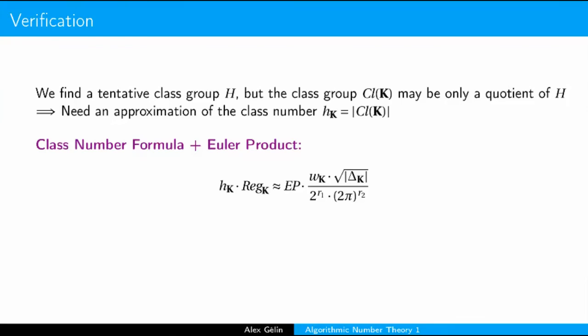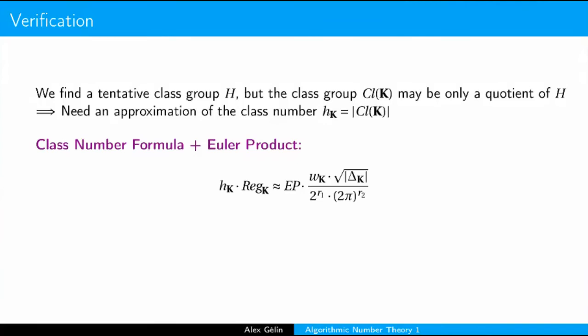And then this is a hyperplane in an r-dimensional vector space, so you can embed it with a logarithmic function. Because it's a hyperplane, you need to delete one line, and then you have a square matrix. You can take the determinant with sufficient precision, then you get the regulator.